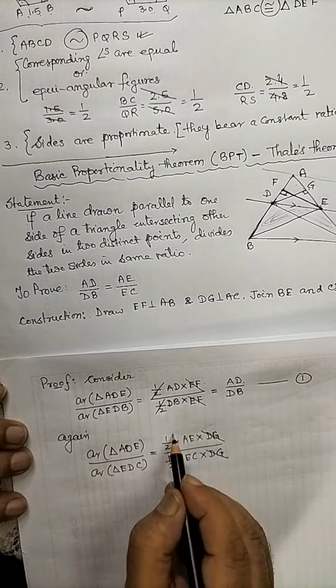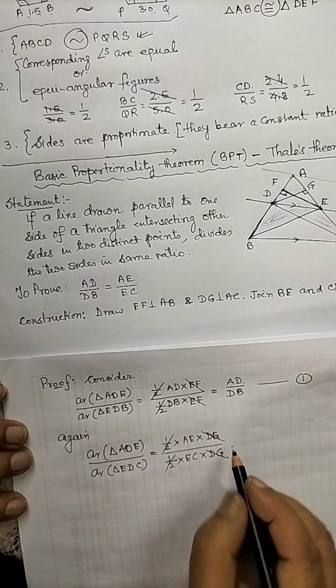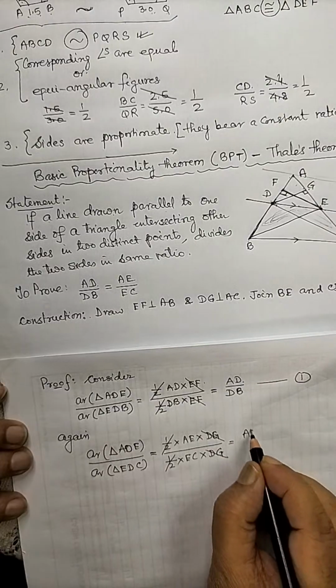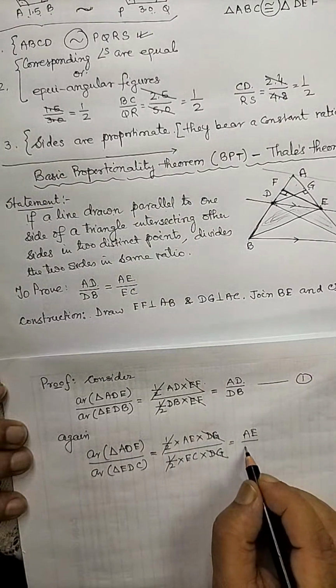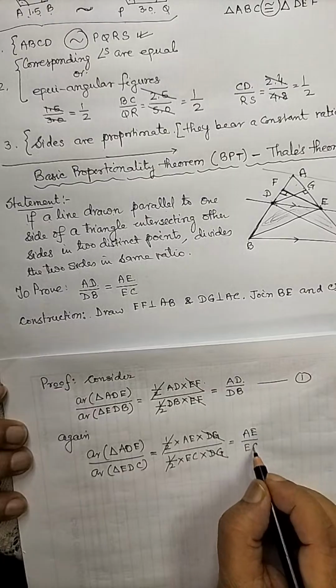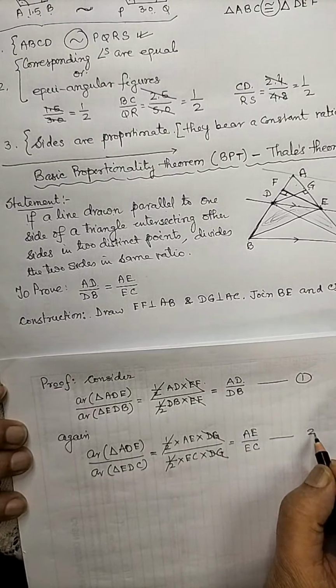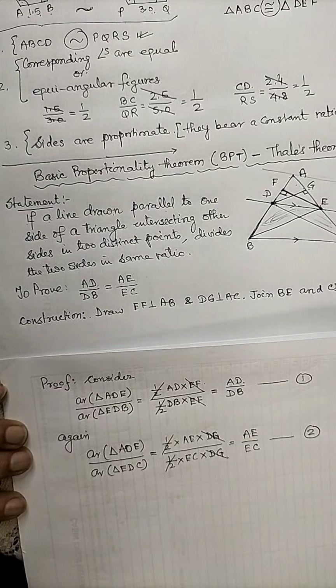Simplifying it, cancelling half and DG, we get AE upon EC, and let us call it second relation.